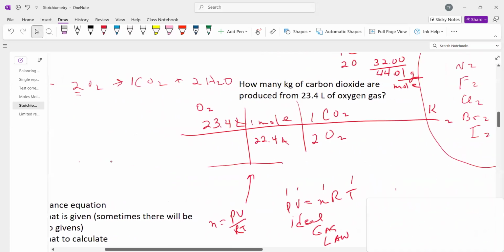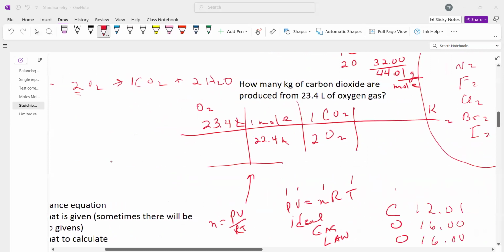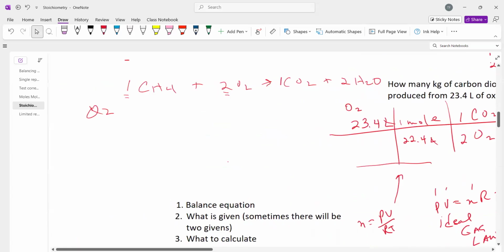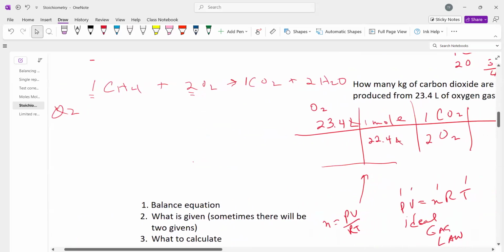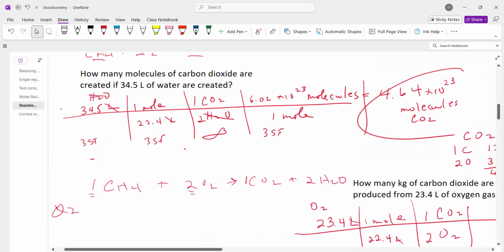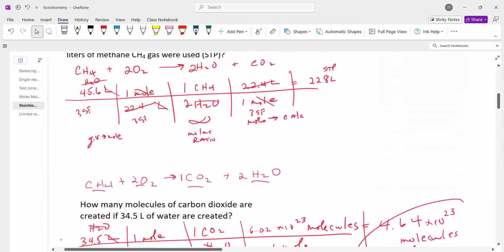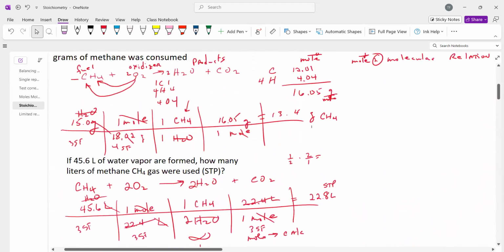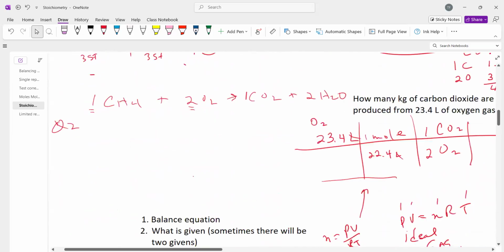Now we want to go to grams of carbon dioxide, and once we get to grams, we can convert to kilograms. So for carbon dioxide, what was it, 18 or what was it? 18.02, yeah.